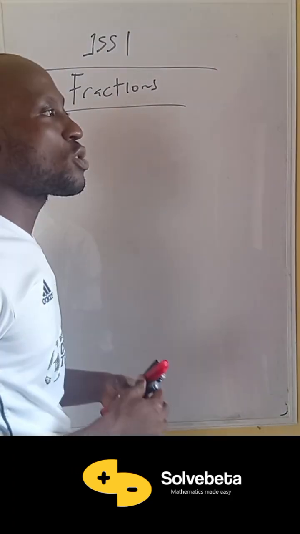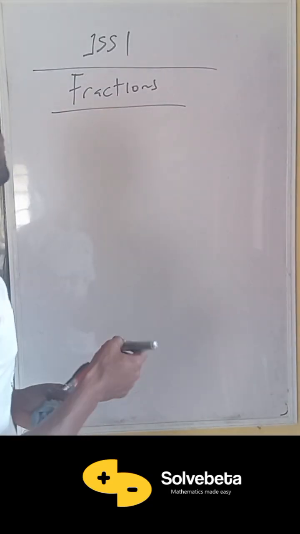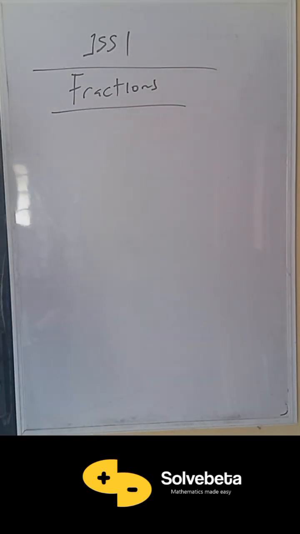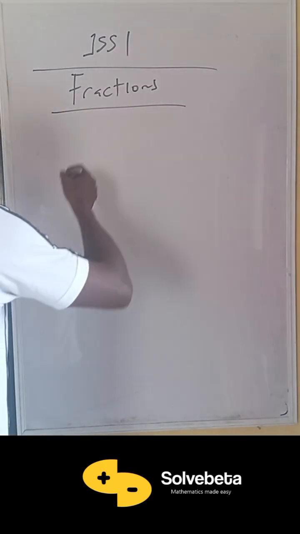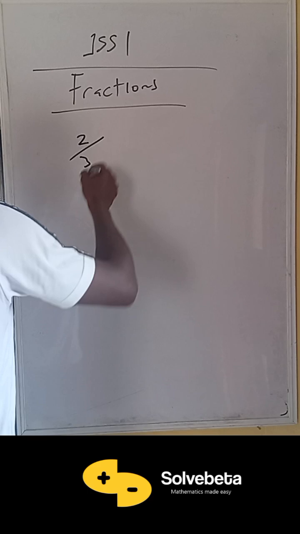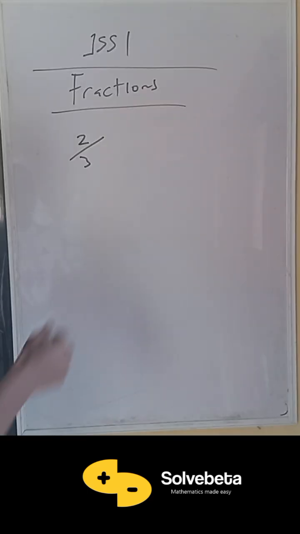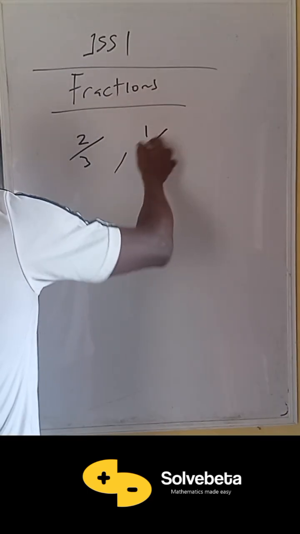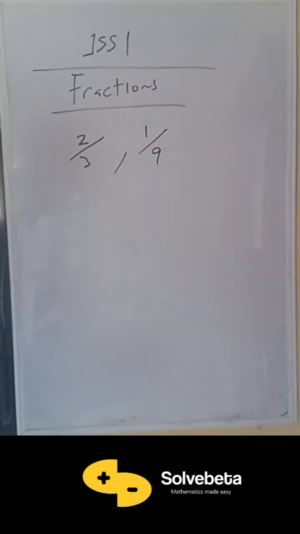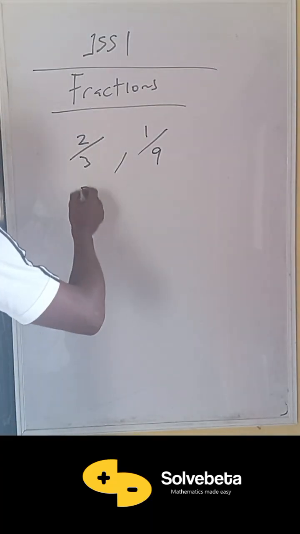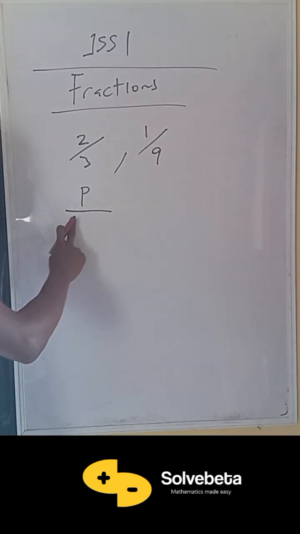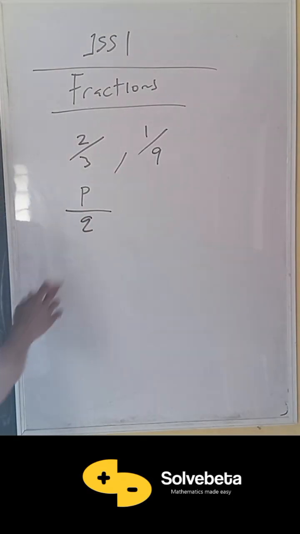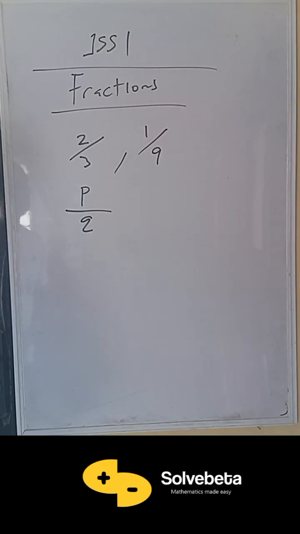So, fractions for JS1. First, what is a fraction? A fraction is expressed in this way. When you have an expression such that you have a number above, then a division symbol, divided by another number, and it's left like this, this is a fraction.